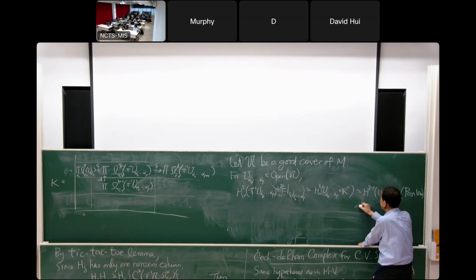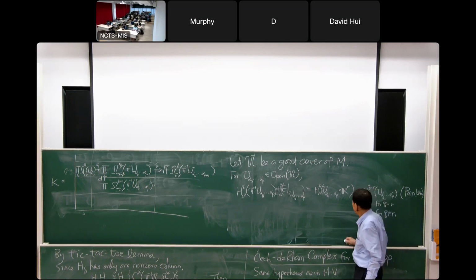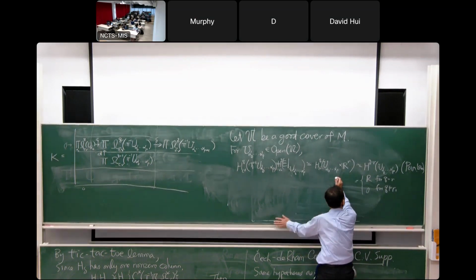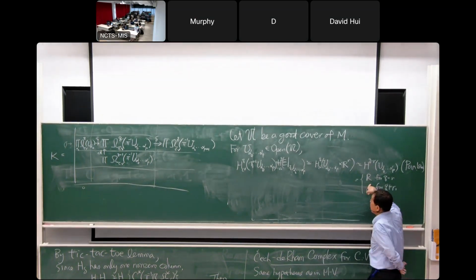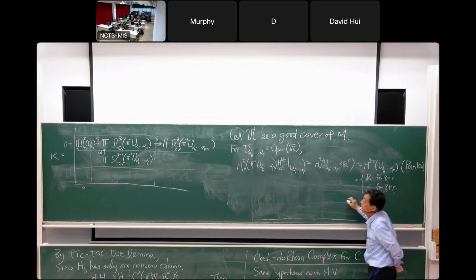And then this is R for q equal to r and 0 for q not equal to r. Gosh, I wish I didn't erase that earlier. Anyway, we had this before, okay? And so you see that everything will be 0 except when q is r, okay?